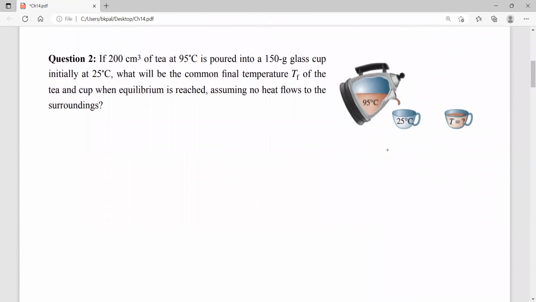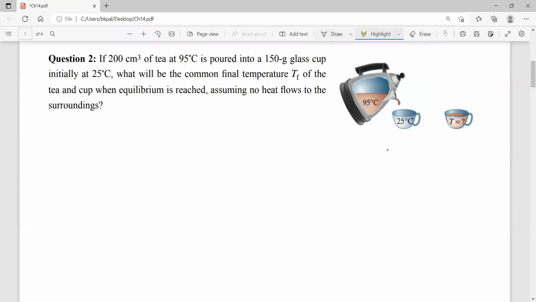Okay, so now let's do the next one. Here we are given that 200 centimeter cube of tea at 95 degrees Celsius is poured into a 150 gram glass cup, initially at 25 degrees Celsius.